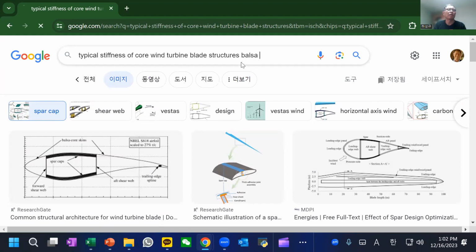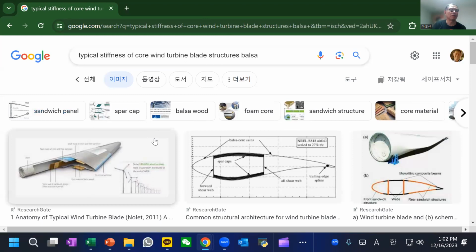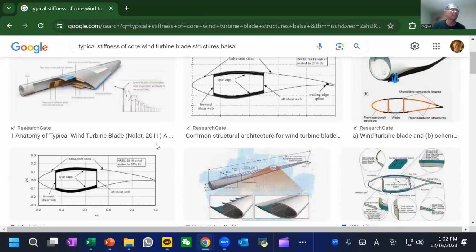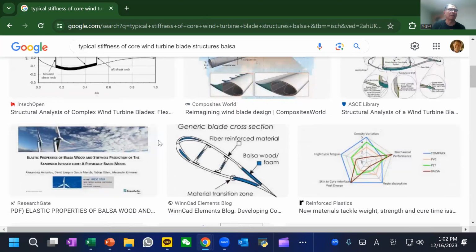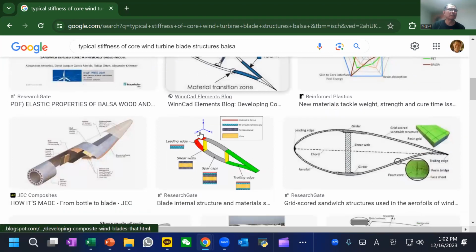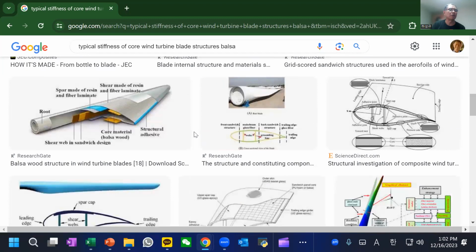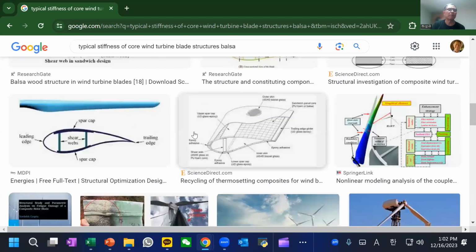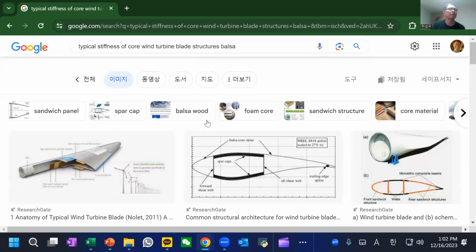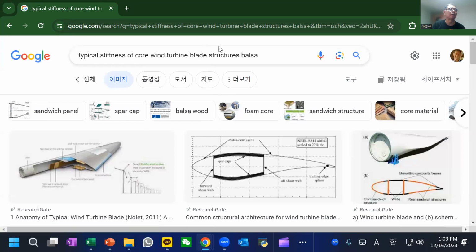Balsa is the wood, natural wood. It has a stiffness. But what I would like to show is that the stiffness of a core is not so important at all, because compared to others, that stiffness can be negligible.